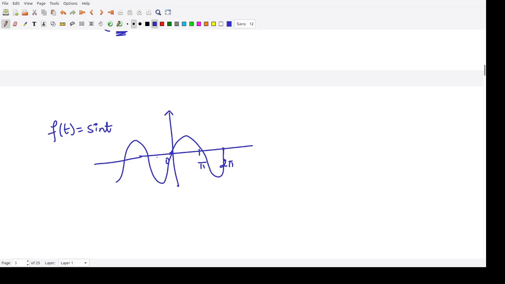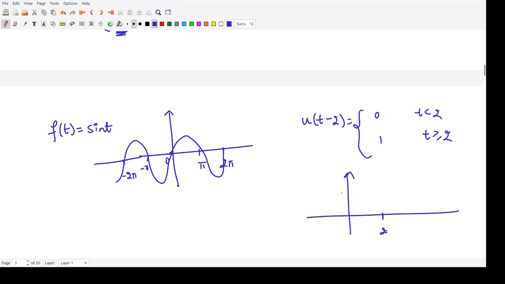This point would be minus pi, this point would be minus 2 pi, and so on. And the unit step function is u of t minus 2. So it is 0 before 2 and 1 after 2, with magnitude 1.